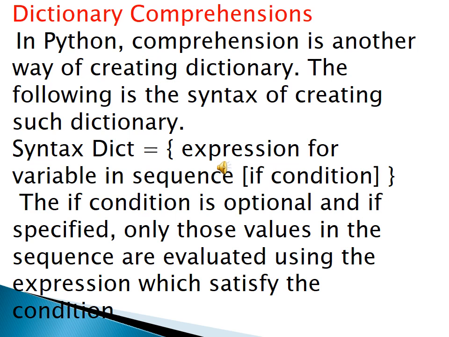Expression for variable in sequence. We are using a for loop: expression, for variable in sequence. After that, an if condition inside the bracket. Inside the for loop, you should give the if condition, if you have defined a condition.